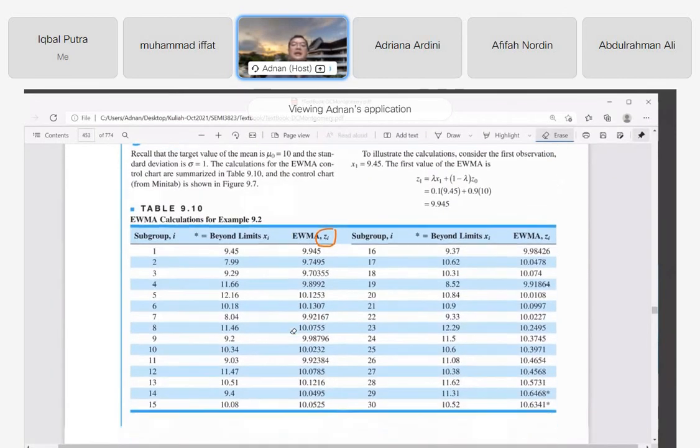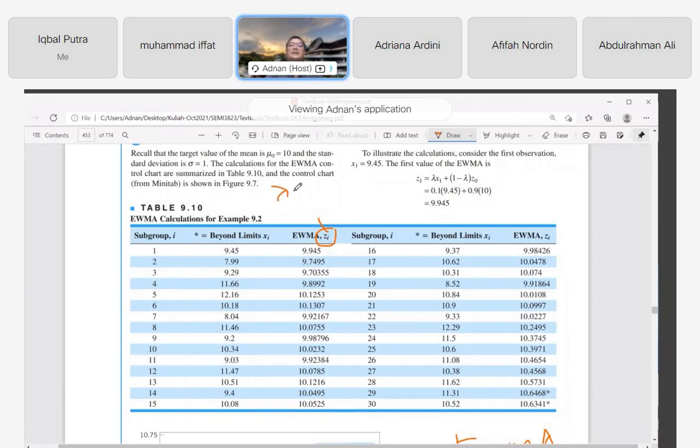So you just calculate the Z. This Z value is coming from lambda x_i. What is i? i depends on the subgroup number; subgroup number 1 is i equal to 1. Plus just the opposite, 1 minus lambda.